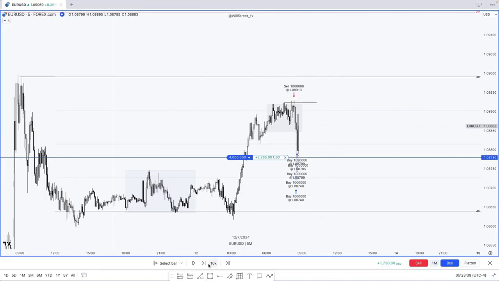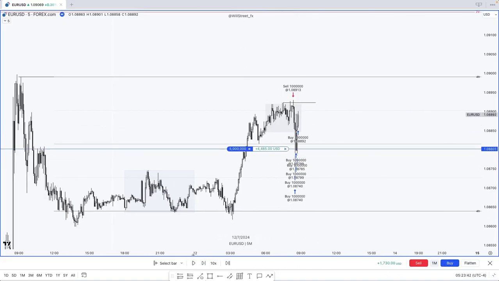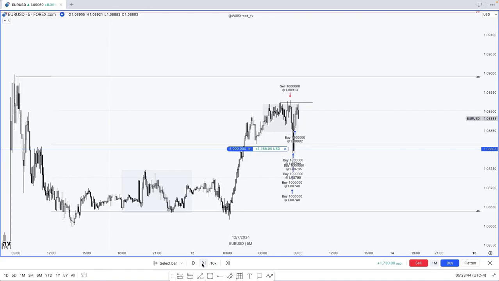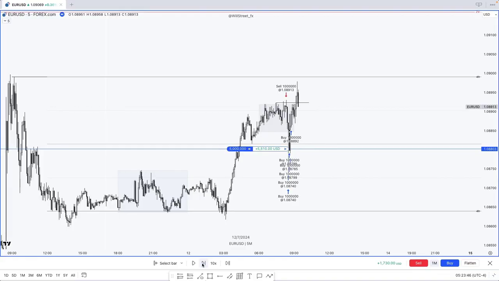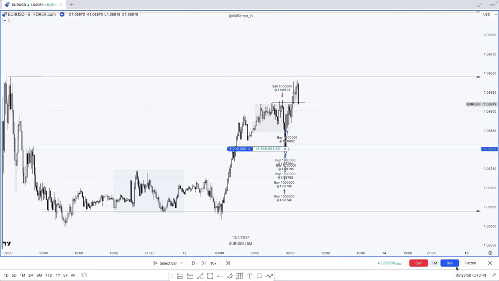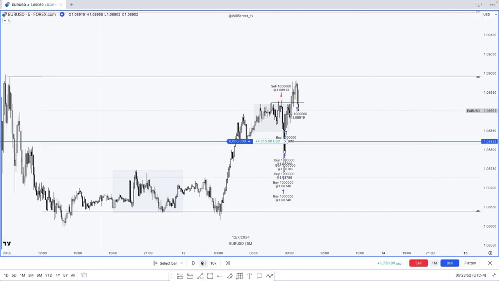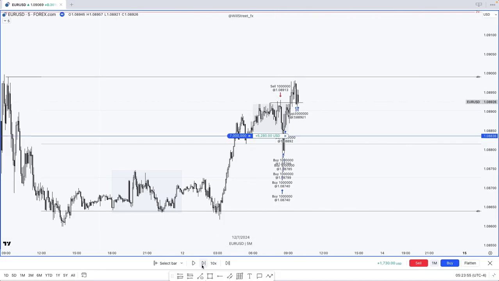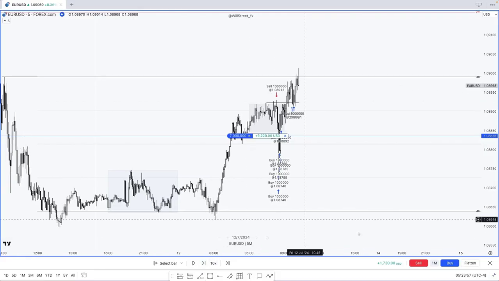Every single dip is a long opportunity. Long opportunity every single time. And done.